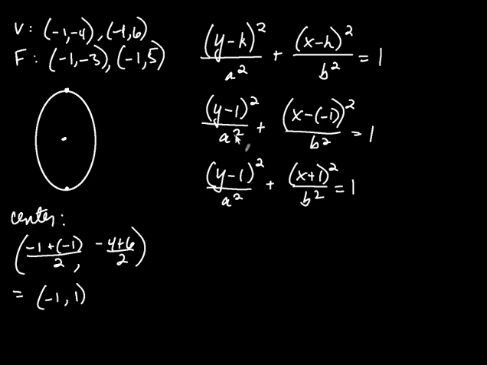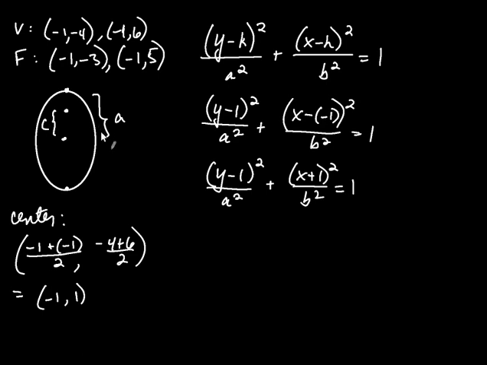Now we've got to find the a and the b. Remember that the distance from the vertex to the origin, right there, that's a. And the distance from the foci, that length right there, that's c.